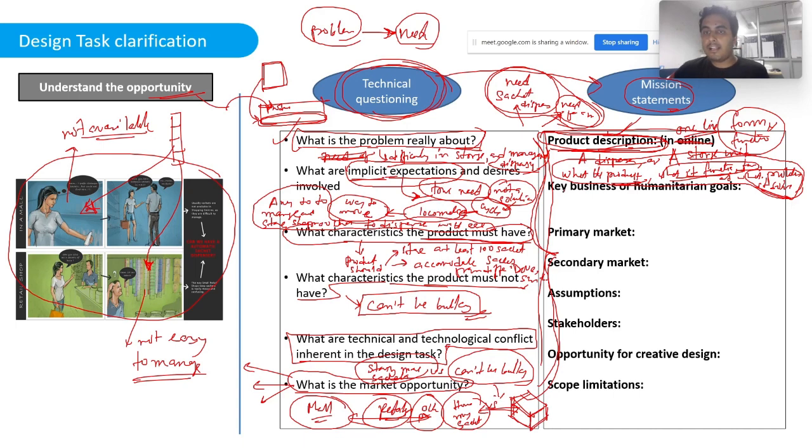Okay, next is business and humanitarian goals. This is basically an internal purpose for your project management. As a company you decide on your business goals. Also you decide on the humanitarian goals or the social service you are going to fulfill using this particular design.